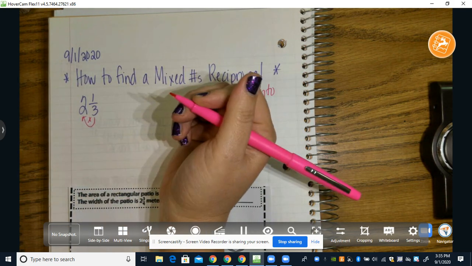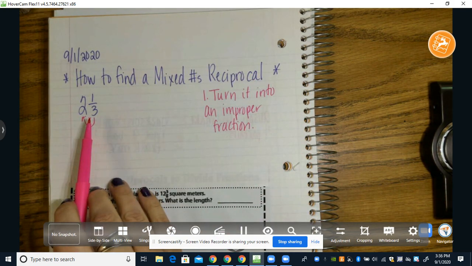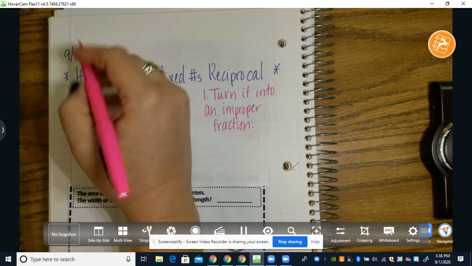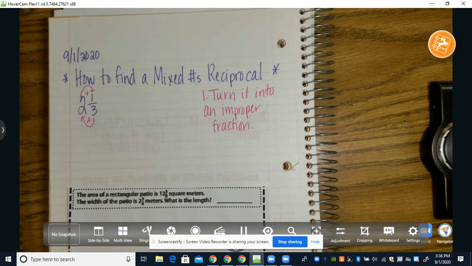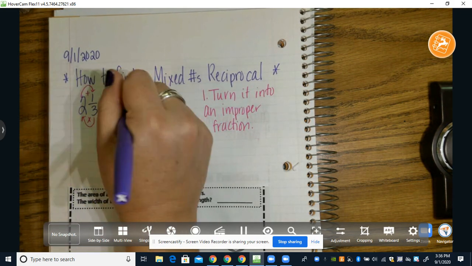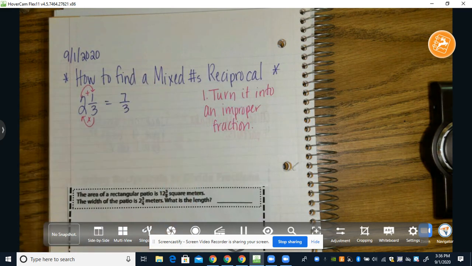Remember, multiply your denominator and your whole number, and then add your numerator. So after you do that, that will give you 6 plus 1, so that gives you 7/3. All right, that's step 1.